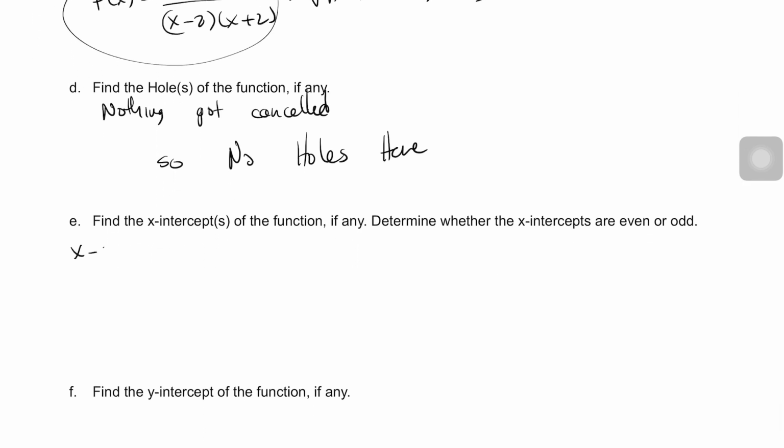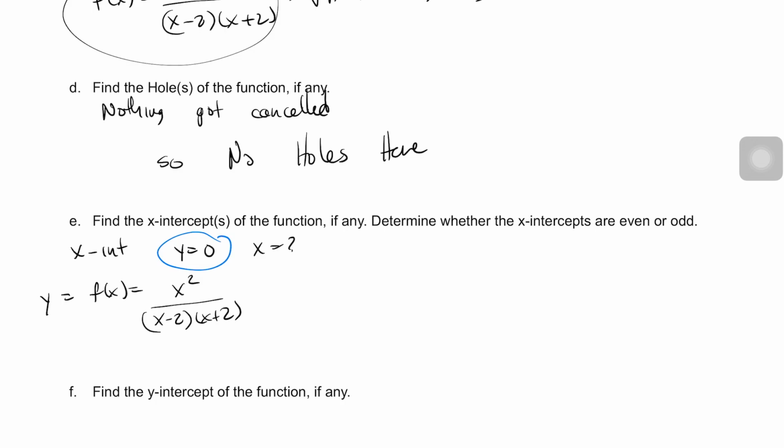The x-intercept, as we mentioned in the previous video, is going to happen whenever y equals 0. So we're going to find x when that's true. So you take the function. Remember that f of x is equal to 0. So we're going to set y equal to 0, so this is equal to 0.